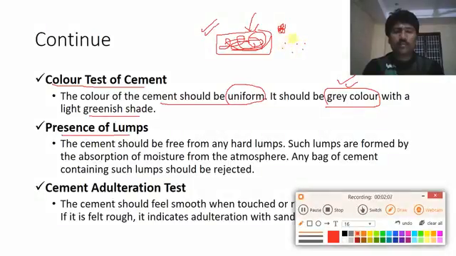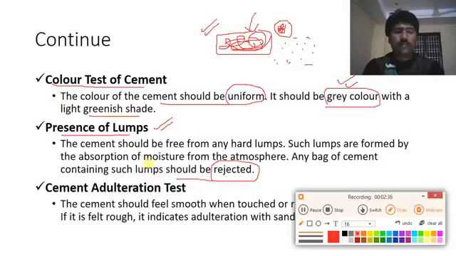So if you hold the cement, it should be very smooth. You should not find any stone type of structure as lumps. So that is the presence of lumps test. If you find a very large number of lumps, then you should reject this cement. It is not usable.